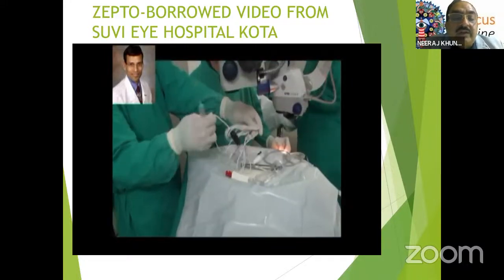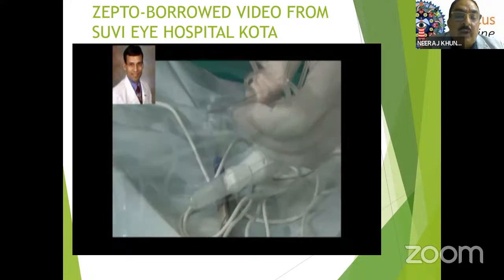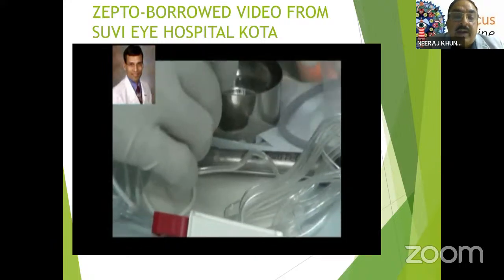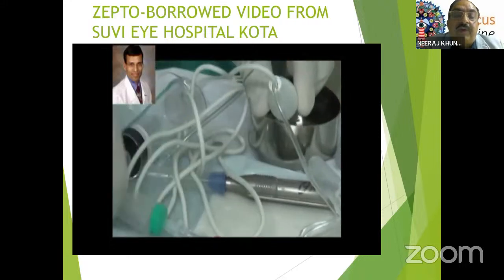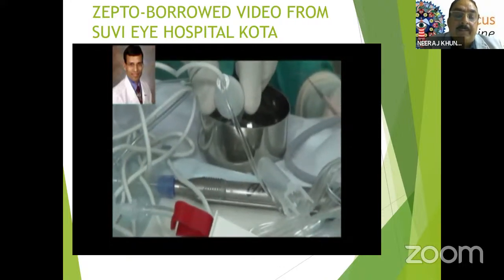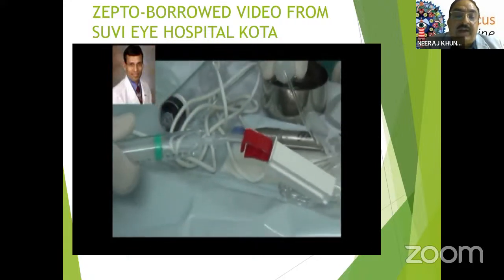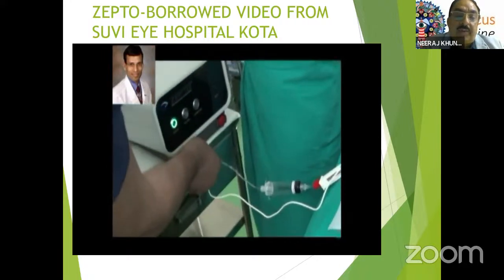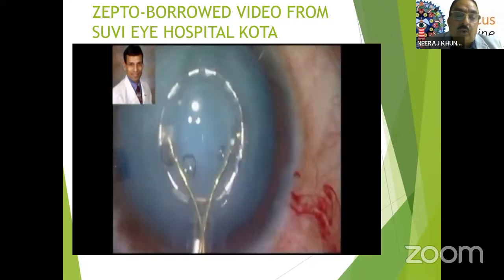There is a disposable handpiece which is taken and attached to the console. We usually fill it with the fluid before we attach it to the handpiece. And from the other end, we use a syringe to suck out this fluid. After that, it is attached to the console.